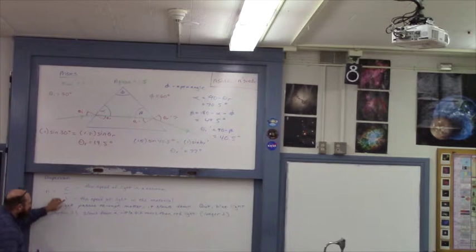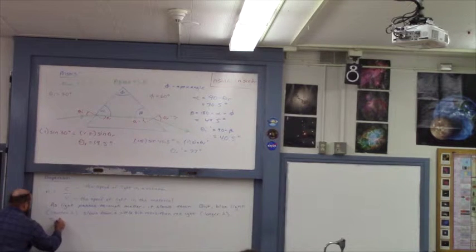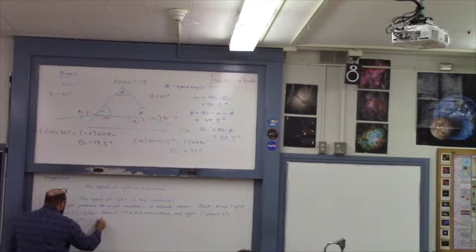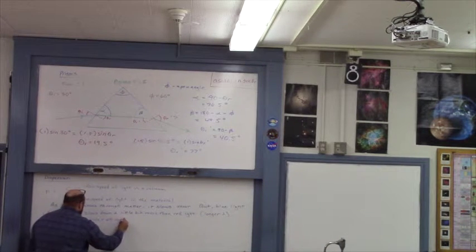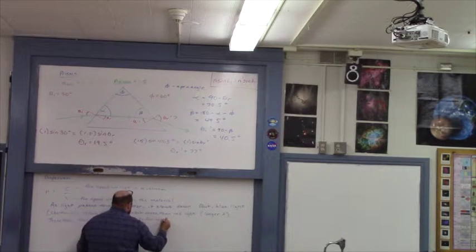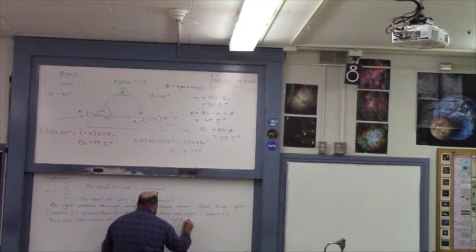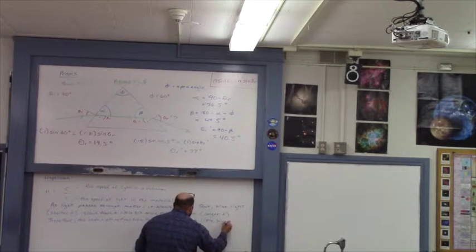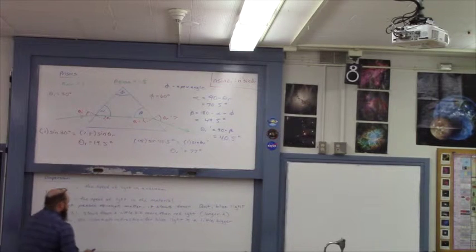So because the blue light moves a little bit more slowly through the glass, say, than the red light, the index of refraction for blue light is a little bigger than it is for red light. So therefore, the index of refraction for blue light is a little bigger than that of red light.